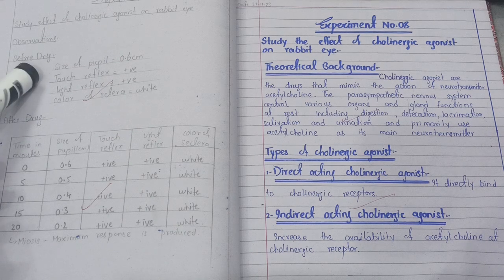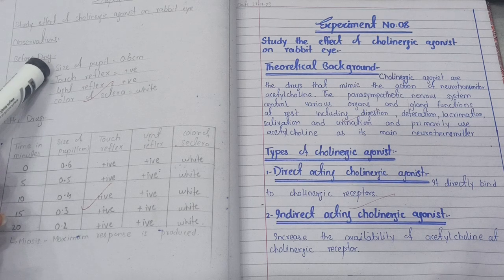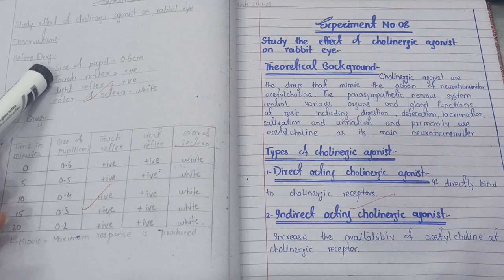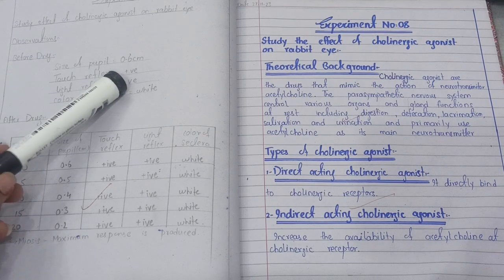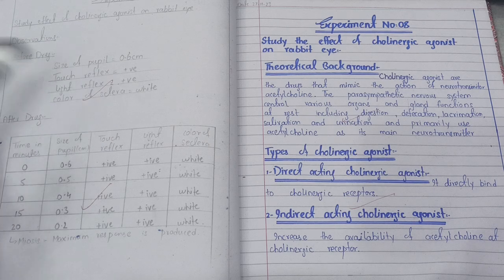Like before the drug application, what we have to record or observe. First, you will observe the pupil size, like you will take the rabbit and measure the size of its pupil. You can measure the size of the pupil with various instruments and various scales. So when you measure, you will take the size which is 0.6 centimeter.